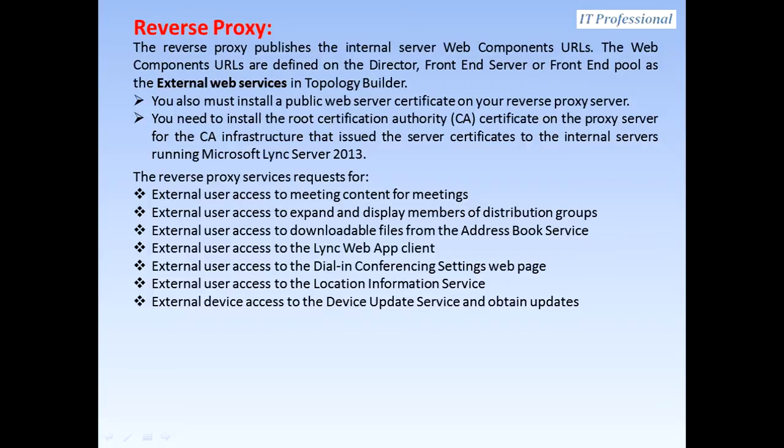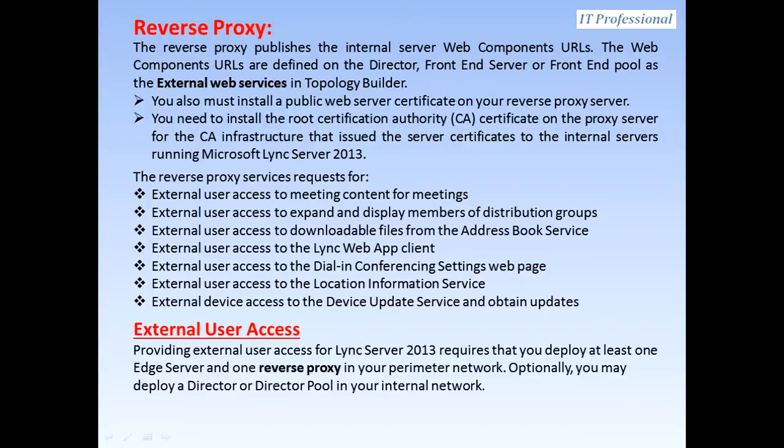The reverse proxy services requests for external user access to meeting content for meetings, external user access to expand and display members of distribution groups, external user access to downloadable files from the address book service, external user access to the Lync web app client, external user access to the dial-in conference setting web page, external user access to the location information service, and lastly, external device access to the device update service and obtain updates.